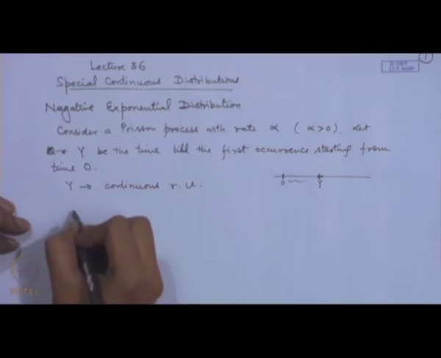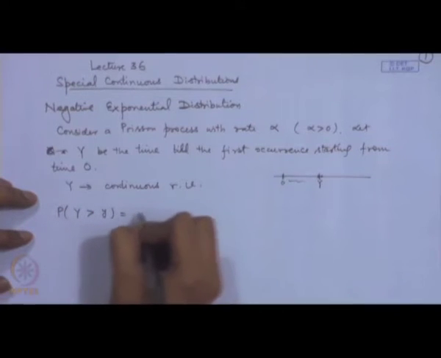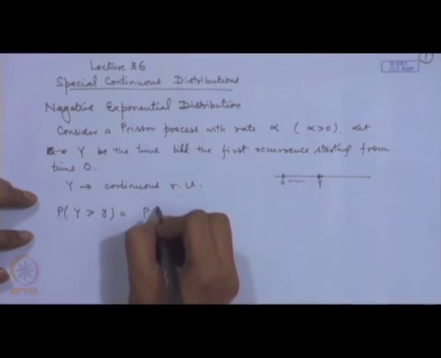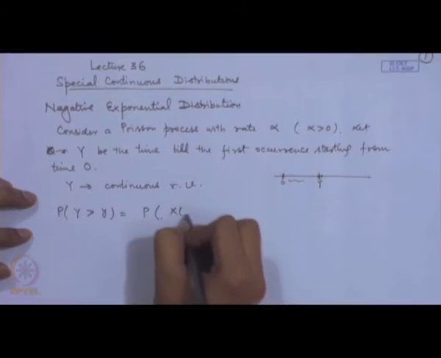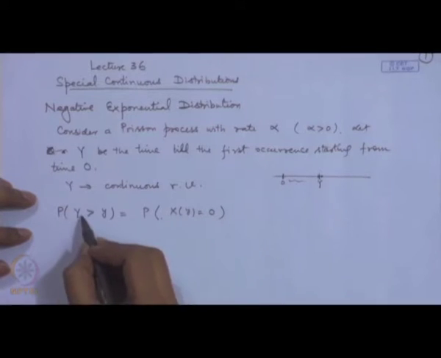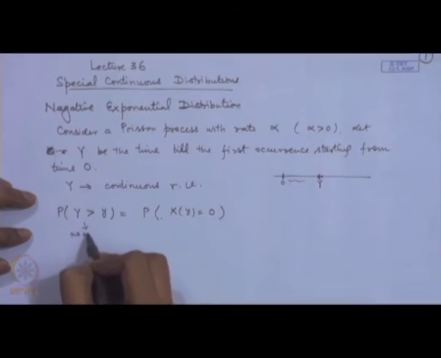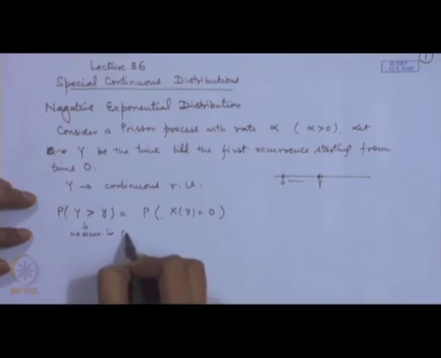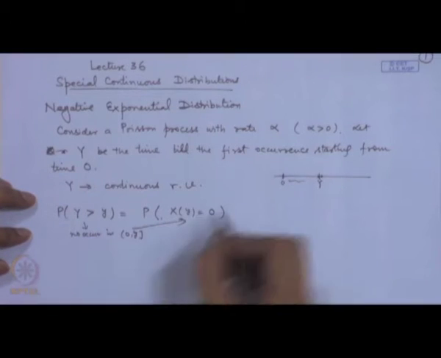Let us look at the probability of y greater than small y, that is equal to the probability of X_y equal to 0, because if y is greater than small y, that means there is no occurrence in the interval 0 to y, which is equivalent to X_y equal to 0.